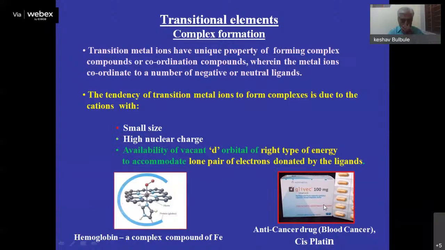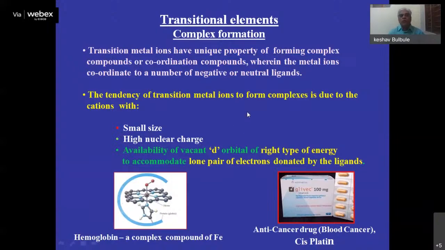But though the government of India imports it by paying more, as this is a life-saving drug, it is made available to cancer patients at very low and subsidized rates. You can imagine, God made a complex compound where the central metal iron is from the d block of the periodic table, and a man-made complex compound, which is an anti-cancer drug, where platinum is used extensively, also from the d block of the periodic table.